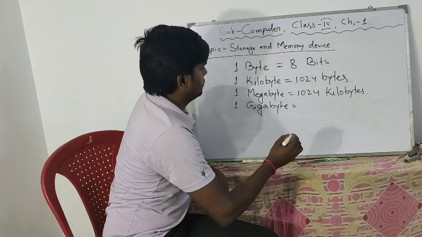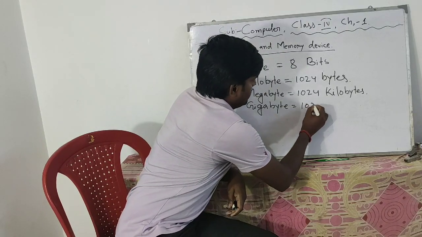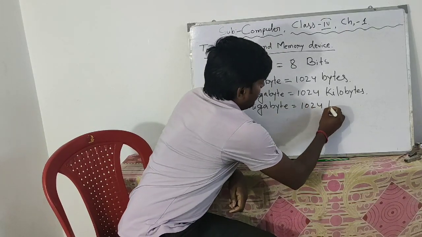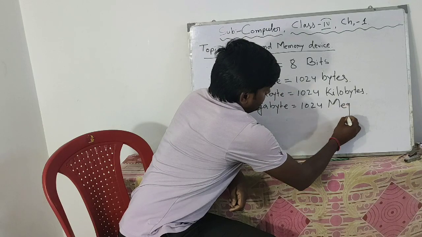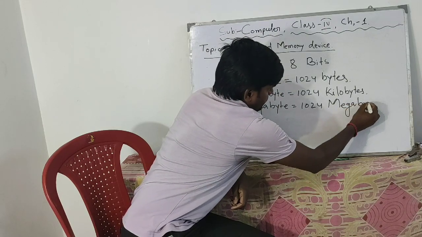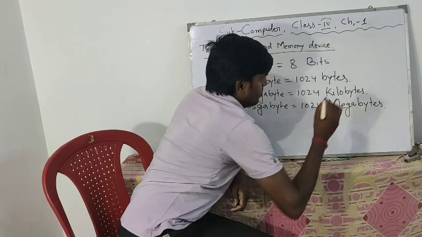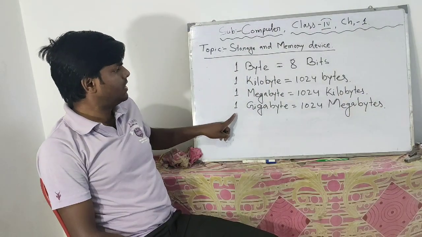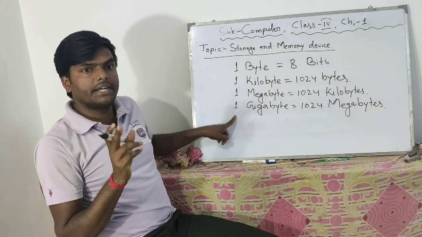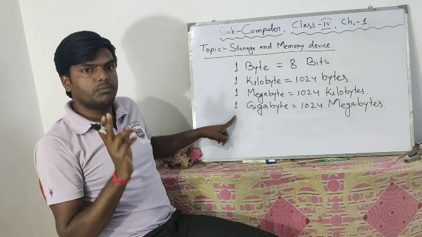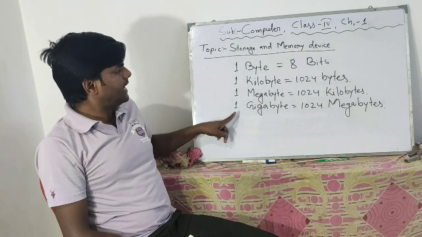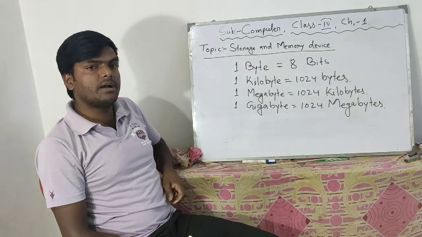One gigabyte equal to 1024 megabytes. Okay, 1 gigabyte equal to 1024 megabytes.